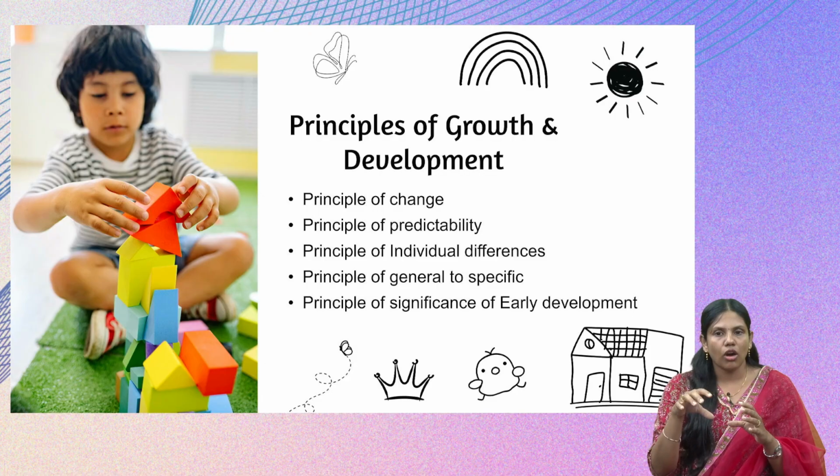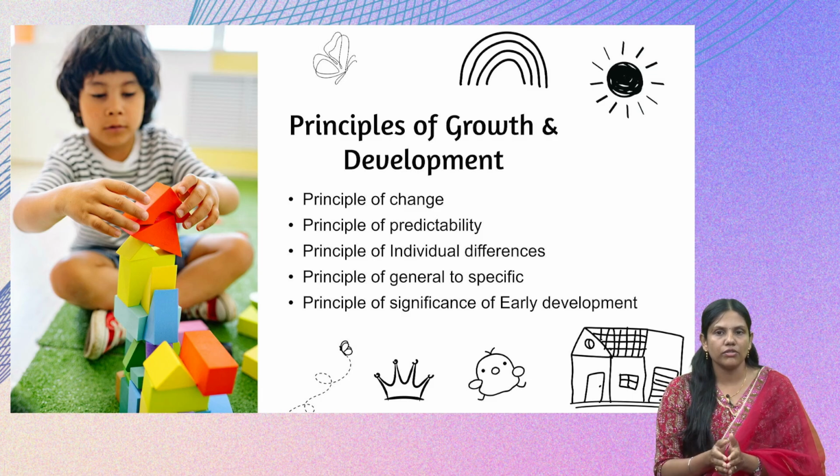So there is always a prediction made. But we also have to keep in mind that this may not be always the same for every child. Maybe the order followed will be the same, but each child may or may not reach the milestones at the same particular time. That is the principle of predictability.